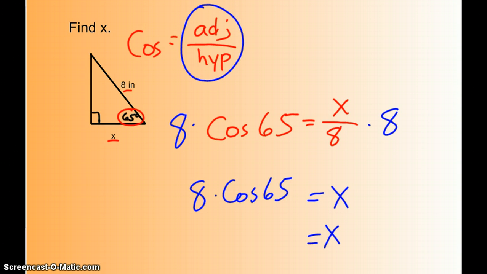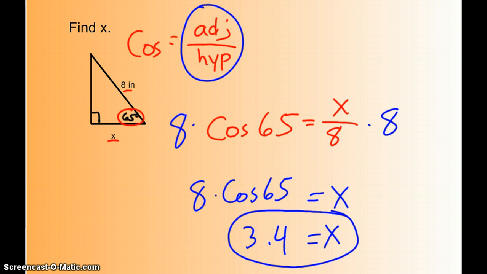X is 3.4. That would be our missing side, x. This is how we use trigonometry to find a missing side. We set up our ratio, solve the equation, and end up with the value for our missing side, where x is 3.4. So let's look at one more example that sets up a little bit differently.